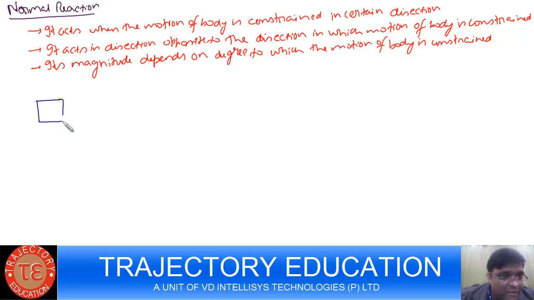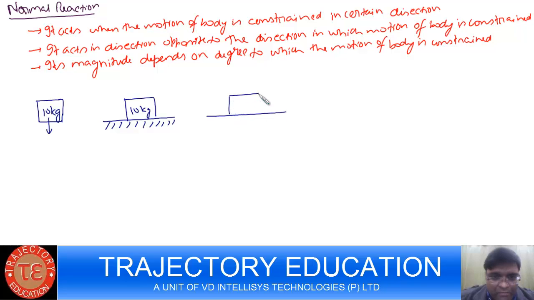Suppose we have a body of mass, say not m, say 10 kg, falling freely under gravity. Now I have a body of the same mass 10 kg kept at rest on the surface.